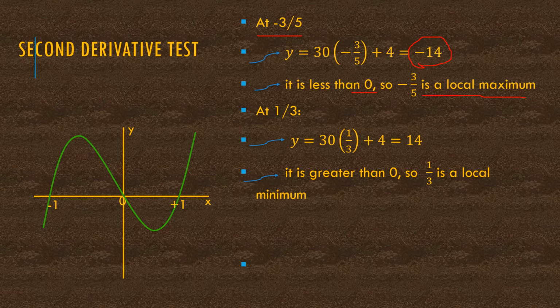Now, at x equals 1/3, substitute it, and we have a value greater than 0, so this is considered to be a local minimum. By looking at the graph itself, you could graphically illustrate it as this portion and this portion. So you could say that this one is the maximum and this one is your minimum.